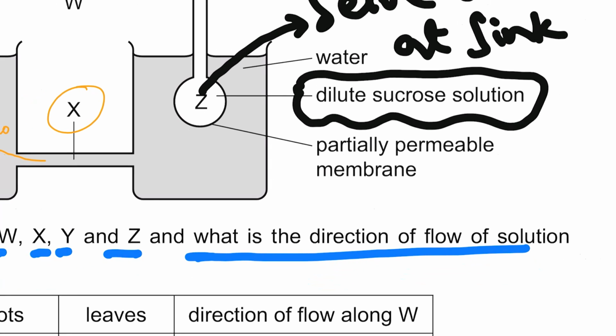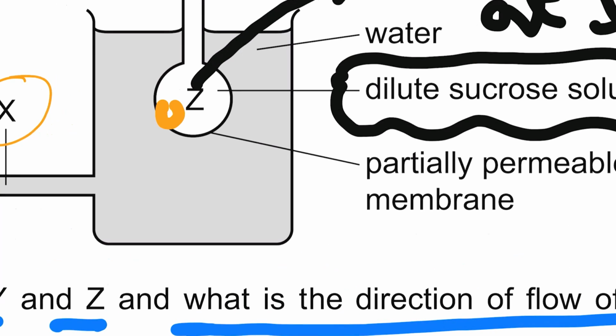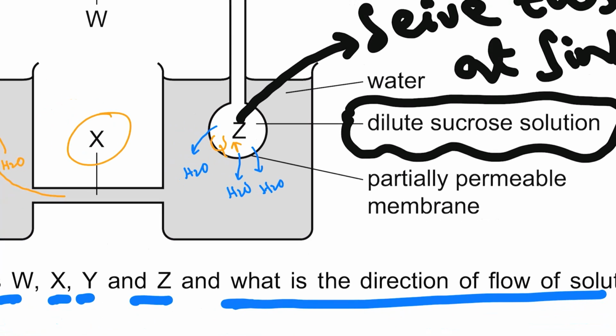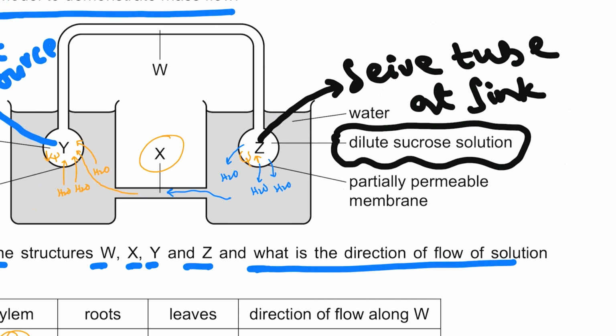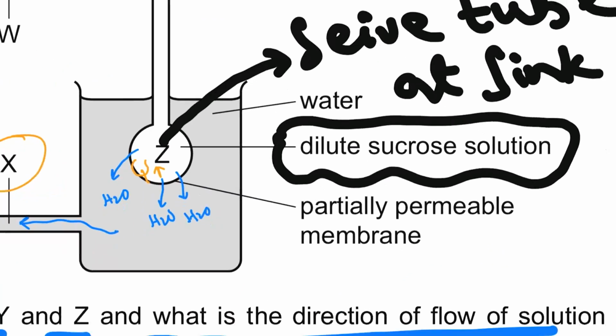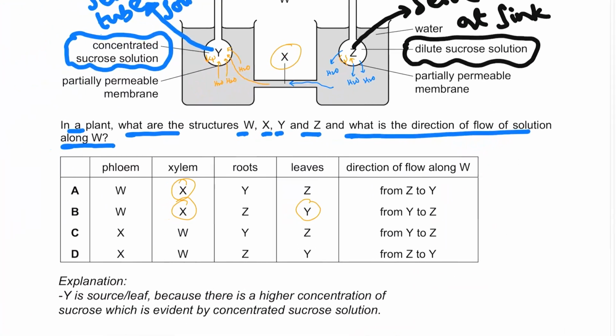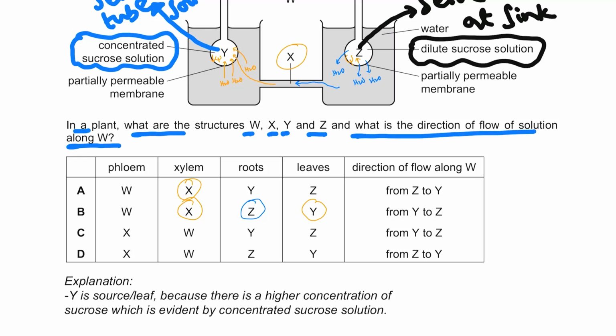Sucrose is lower in concentration, which means that there is a higher water potential at Z. So water moves out of the sieve tube, and this water can go into xylem. Okay. So as we can see, Z is the sieve tube at sink. So this means that Z could be the roots.